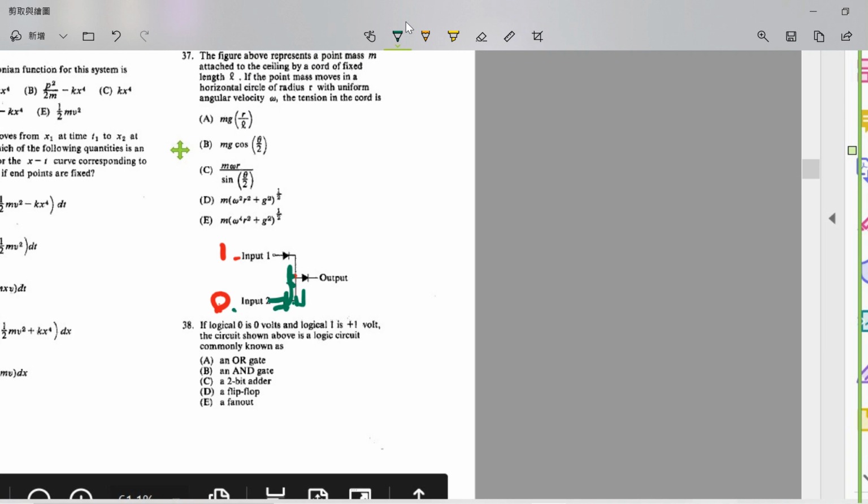Then if this is 1, what is the output? Output should be 1. Suppose output is 0, then this is positive potential, then it should be short. So then it should be 1. So we have 1 0 is 1. Then this is symmetric, so 0 1 is 1. And with a similar argument, you can tell that 1 1 is 1, and if both are 0, okay, so we solve the final case.